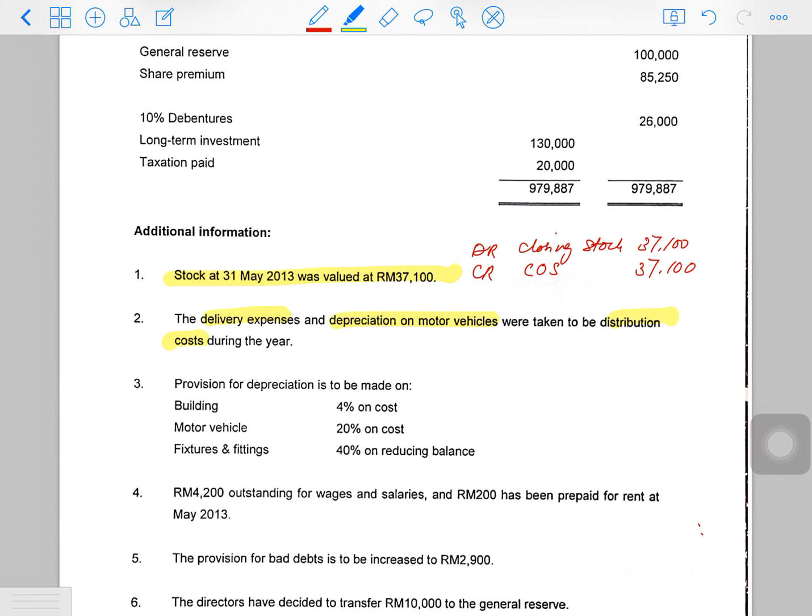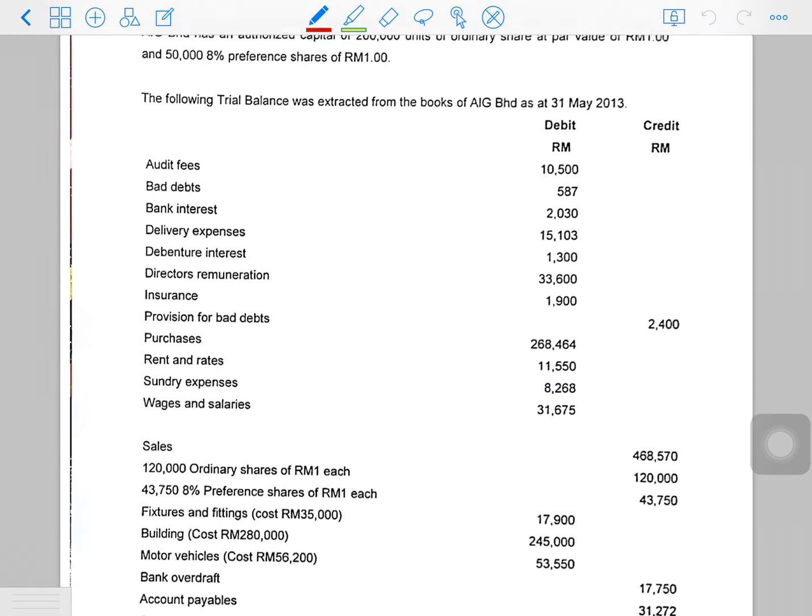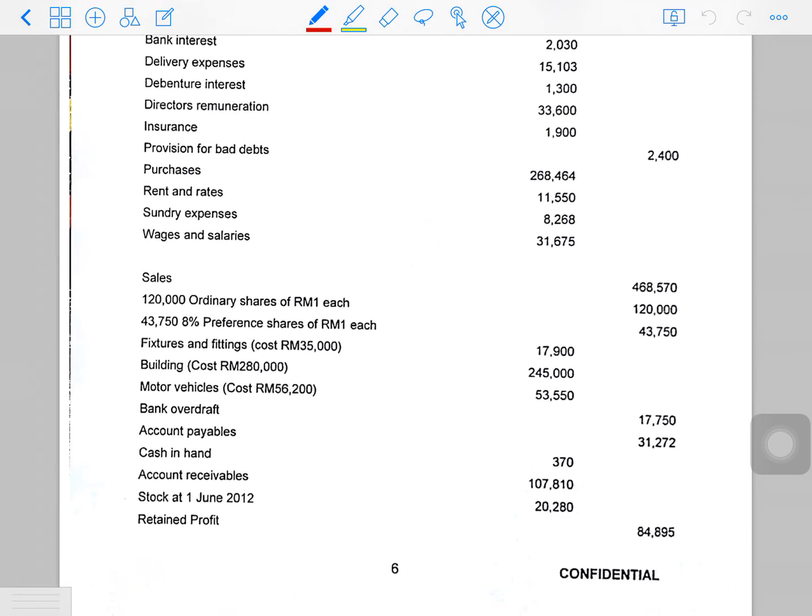So you have to look back at your trial balance, delivery expense. Here you have delivery expense with a total amount of 15,130. It should be categorized as distribution expense.